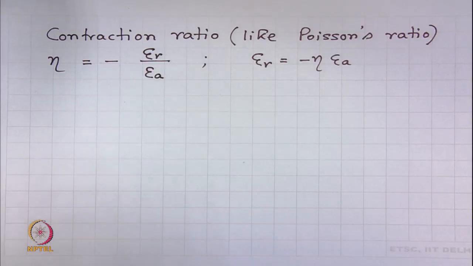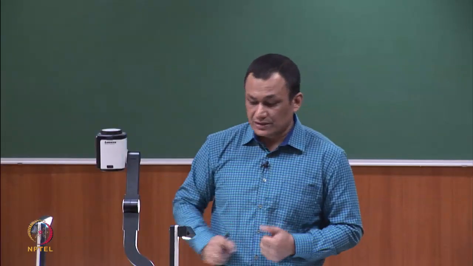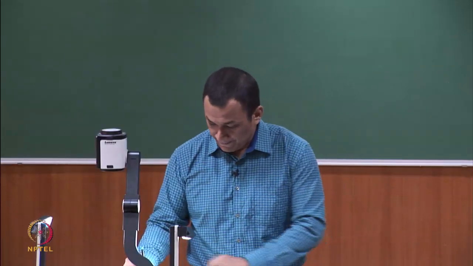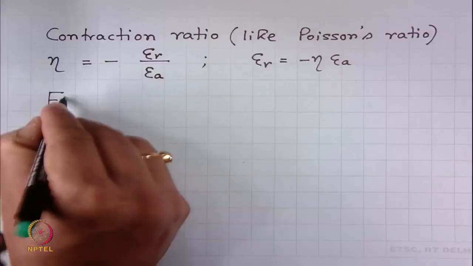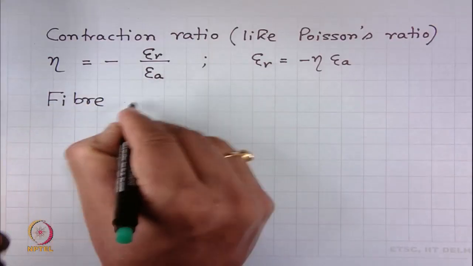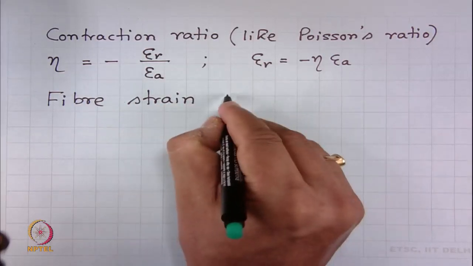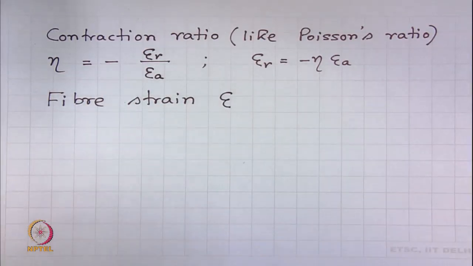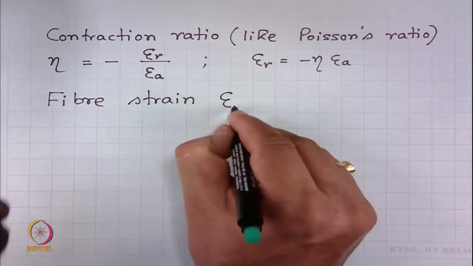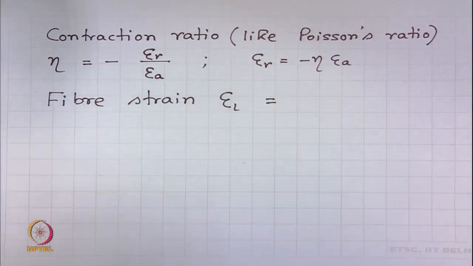Because of the application of force, the fiber is also stressed, it also exhibits strain. So, what is fiber strain? Let us use the symbol epsilon L. Again, it is defined by the ratio of change in fiber length divided by original fiber length.